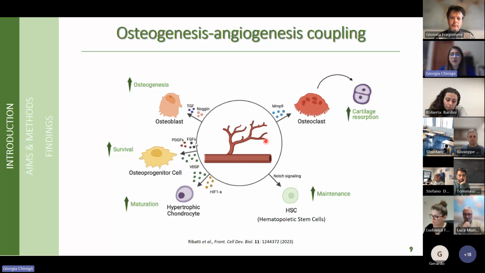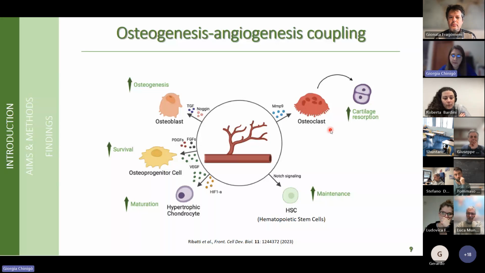For instance, endothelial cells help in supporting the survival of osteoprogenitor cells and hematopoietic stem cells that are predetermined to differentiate into osteoblasts, but not only, because as you can see there, endothelial cells are also involved through the secretion of these angiocrine signals in the osteoblast-mediated osteogenesis and in the osteoclast-mediated bone resorption.